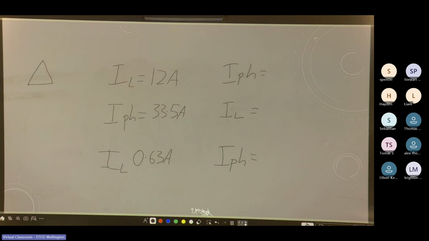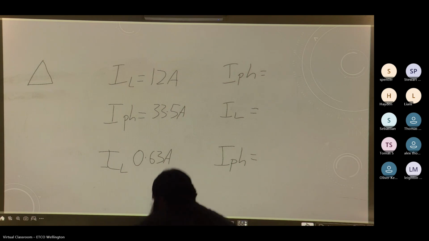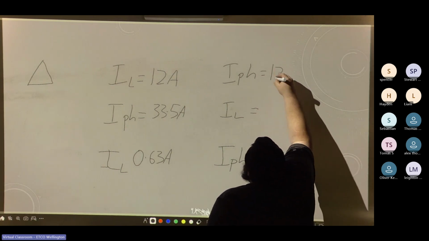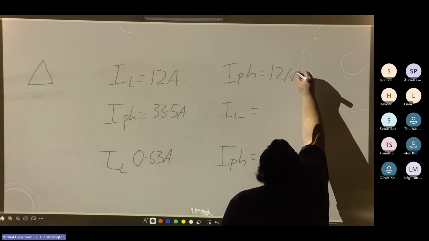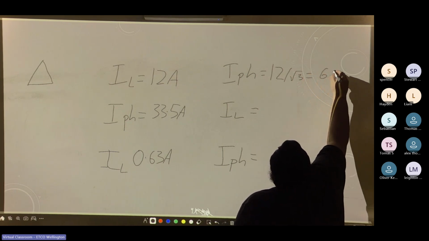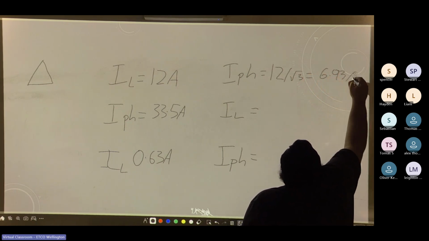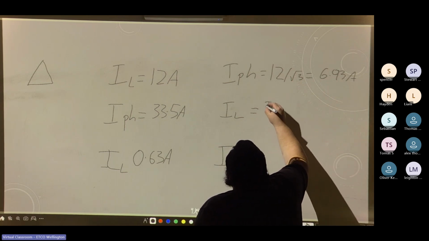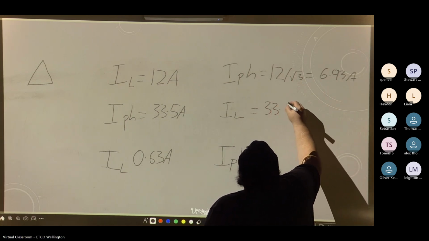First one, your I phase. You take your line, 12, and divide it by the square root of 3, which gives you 6.93 amps. Then your second one, you take your phase current and do the opposite.